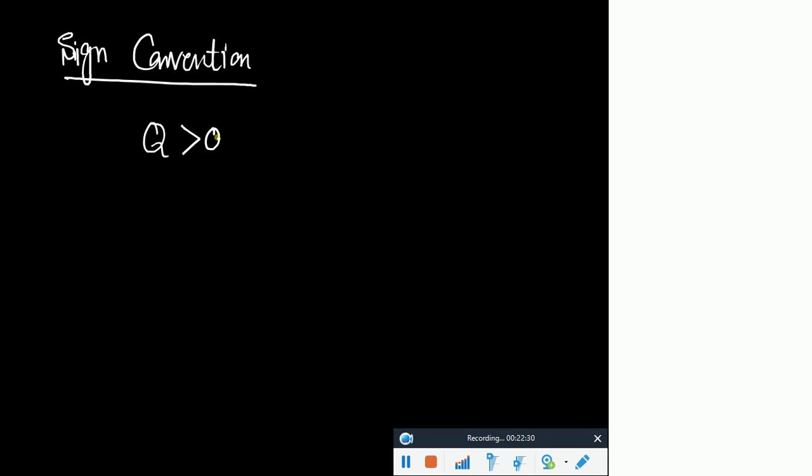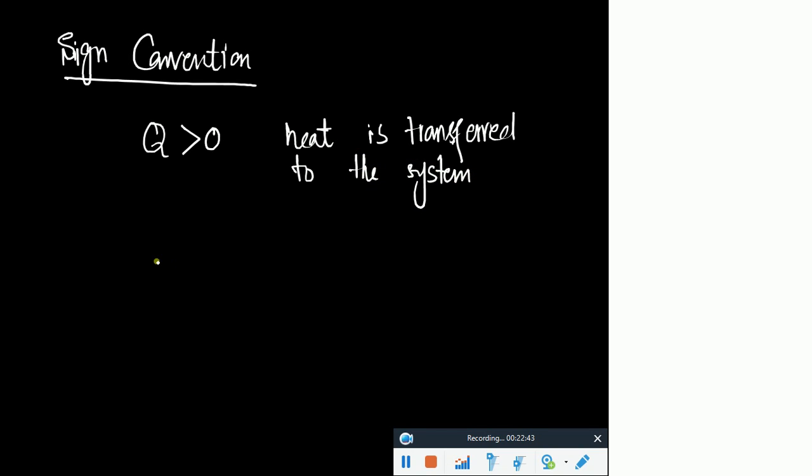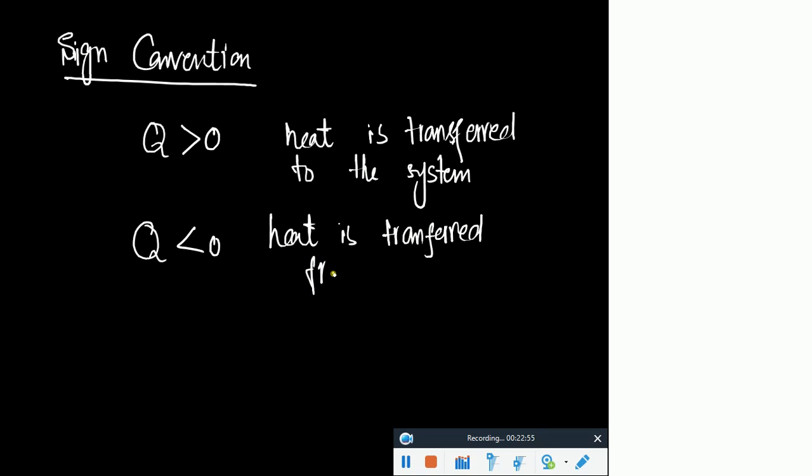this heat flow is taken as positive once heat is transferred to the system. Similarly, it would be taken as negative once heat is transferred from the system.